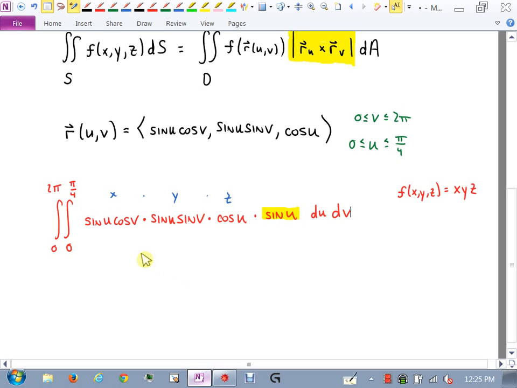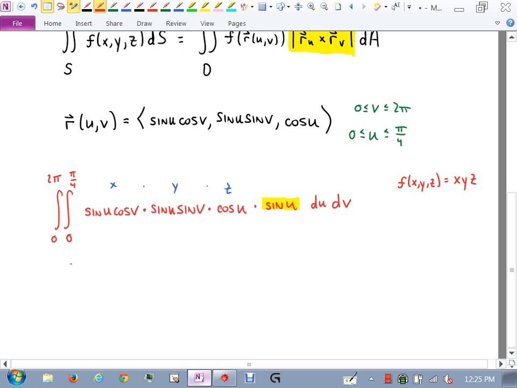And I believe we can combine some of this together, but we don't get any good Pythagorean identity stuff, do we? It's just going to be sine squared U. Oh, sorry, I forgot about that one. So we'll have all this stuff.